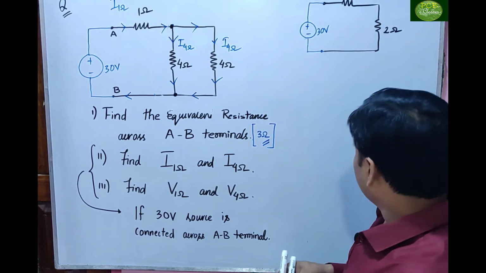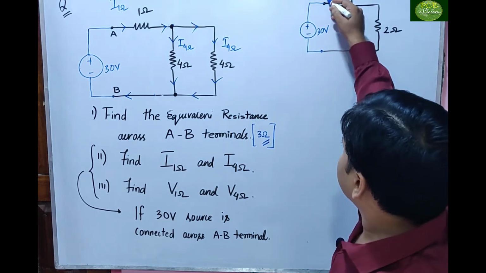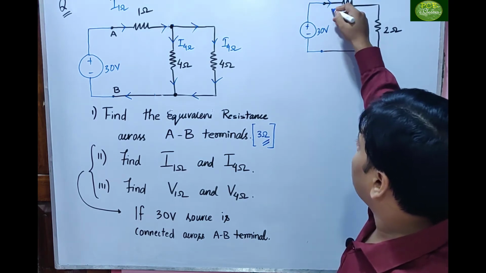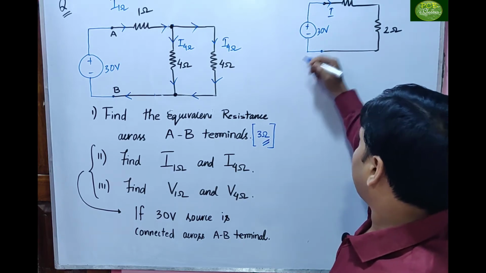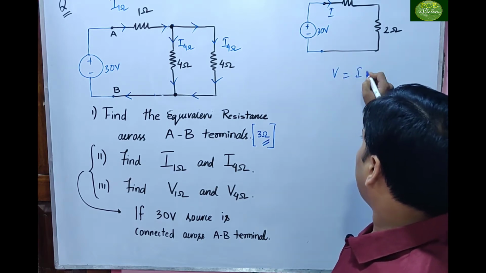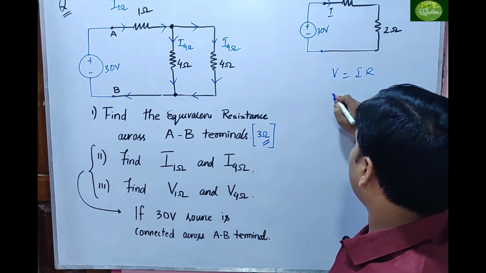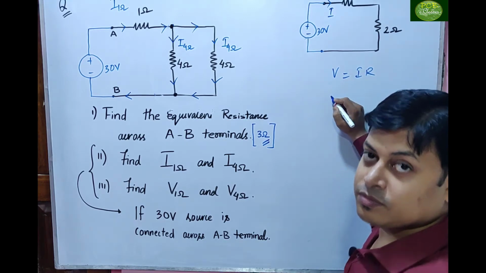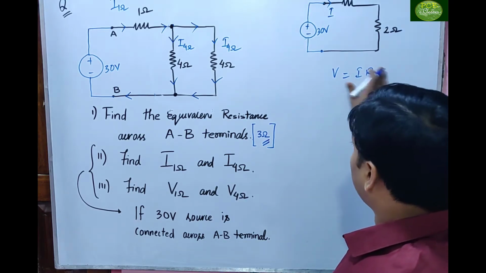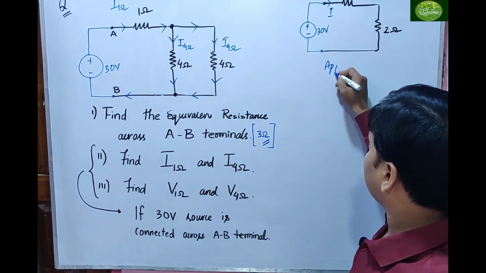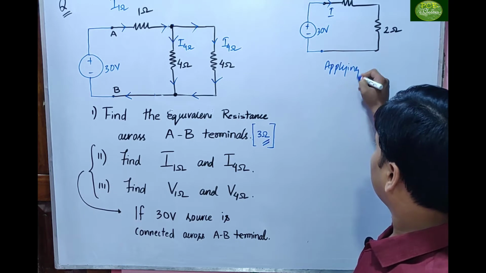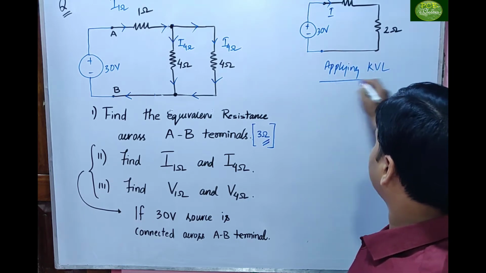Now see here, what is the current flowing here? How can you know this current? We know it very well. V equals to I into R. So what we'll write down? Applying KVL.